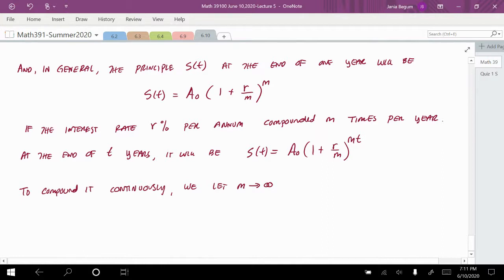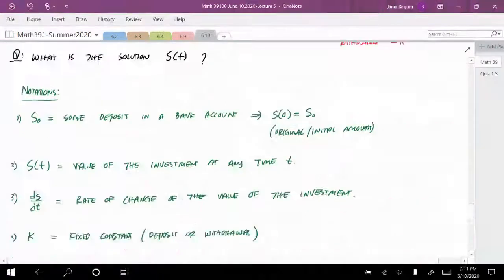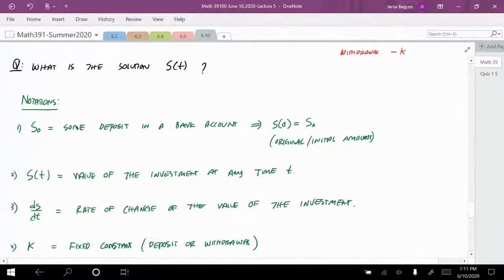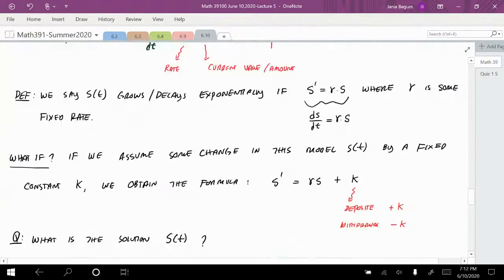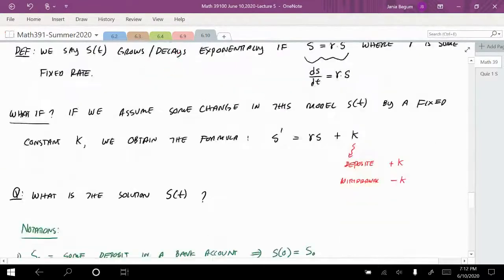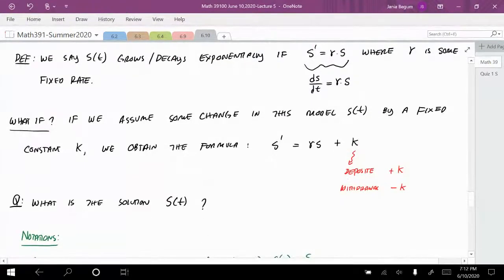So what do we have? We're almost there. We're looking for this magical function S of t, right? Because that is the solution to this differential equation we have. Well, not this one, really this one right here, S prime is equal to r times S, without the k factor.